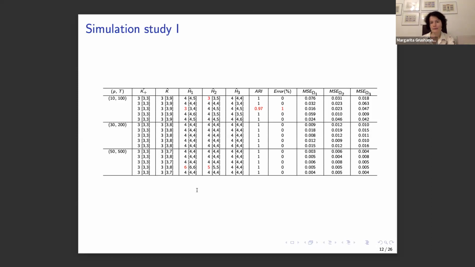And we can see that the model has done quite well. In red are the errors where the number of factors was a little bit underestimated or overestimated. And only in one case, one observation was actually misplaced within the clusters.